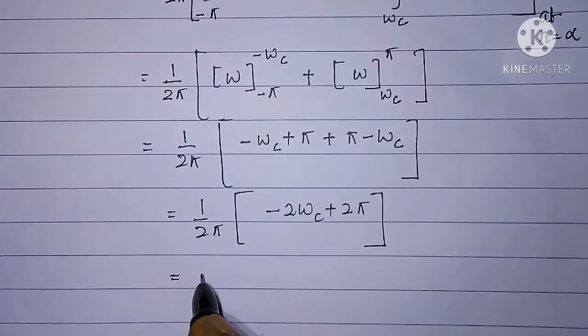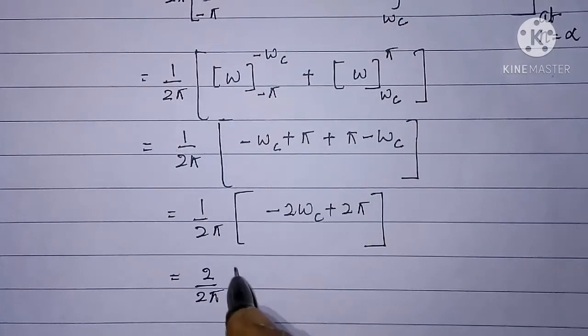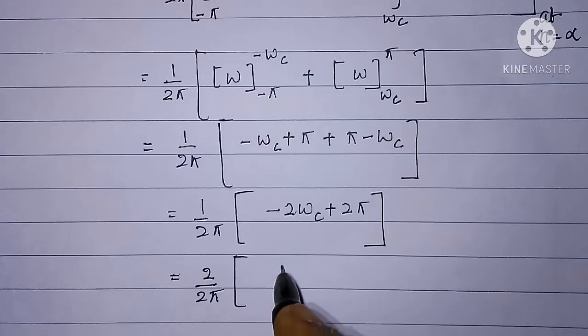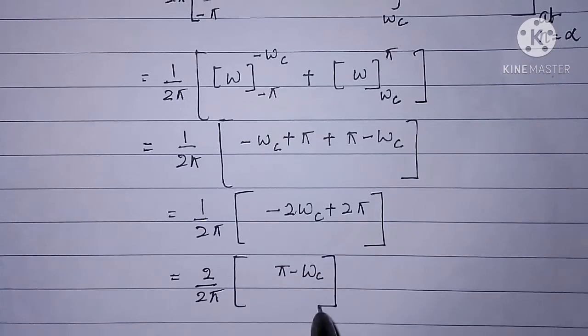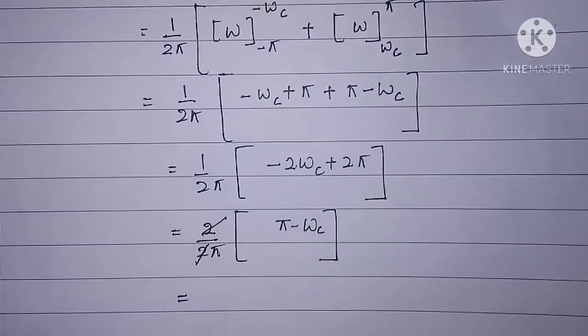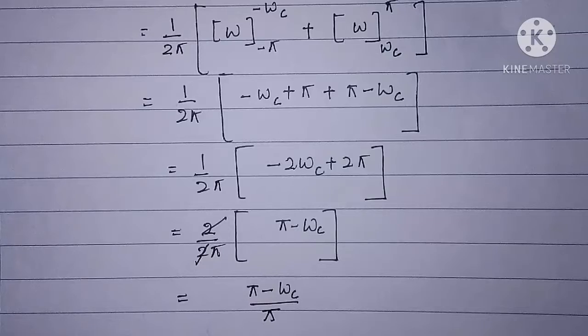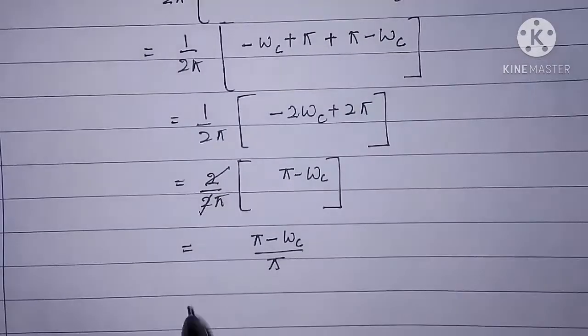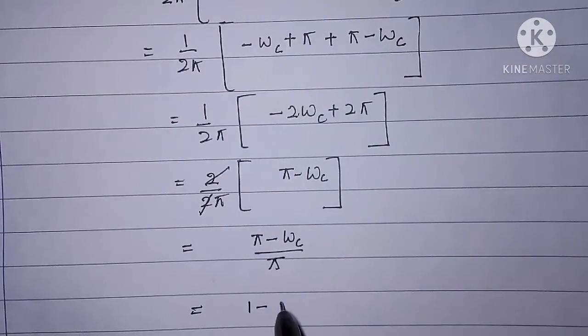Taking 2 common outside, we get pi minus omega c into 2 by 2 pi. Cancelling 2 and 2, we get pi minus omega c upon pi, or 1 minus omega c by pi.